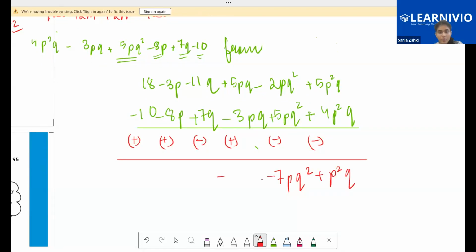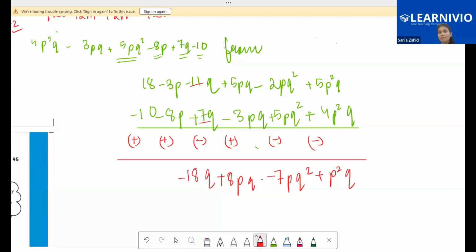It becomes plus 8pq. Right, Duha? It becomes plus 8pq. What does minus 11q and minus 7q become? Minus 18q. Yes. Good, Mustafa. Minus 18q.